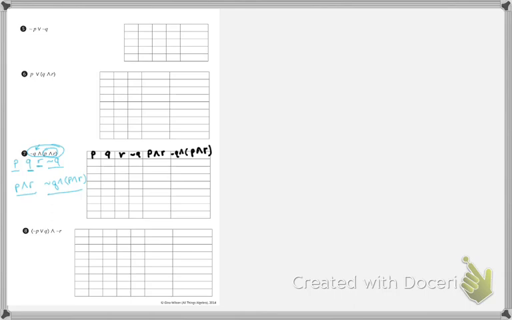Alright, so here's how this is filled out. Whenever you have 3 statements, the first column is 4 trues, 4 falses.